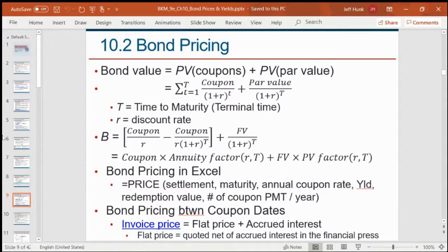So the first topic is bond pricing, bond price and bond yield. Of course, we've already covered bonds extensively in Principles of Finance, FMB 100. If you have taken FMB 100 with me, you must have a very solid foundation.